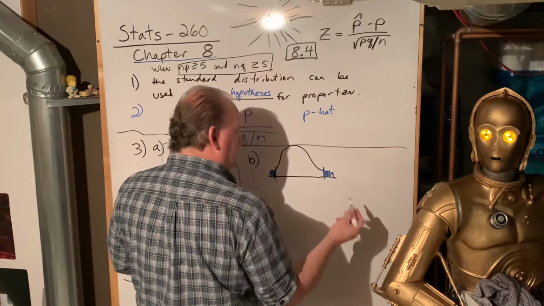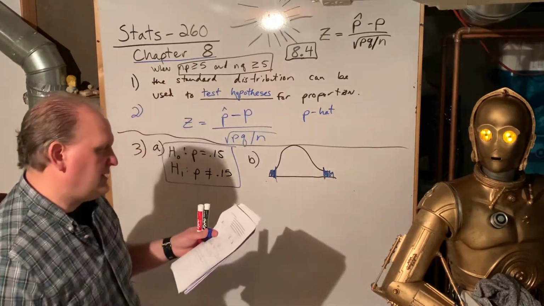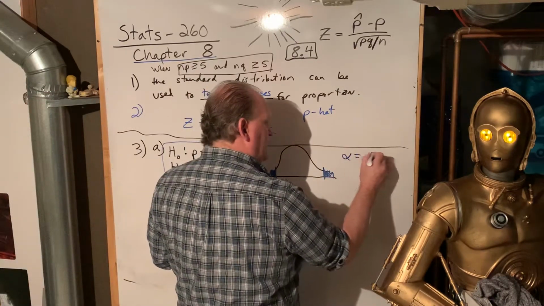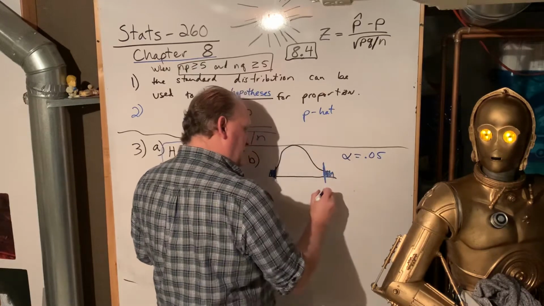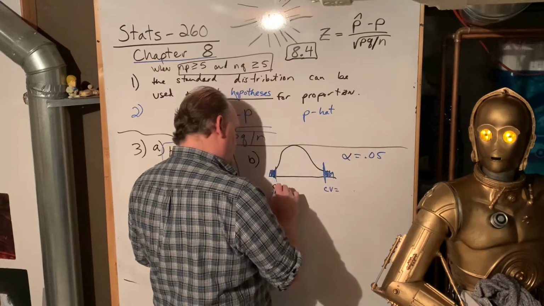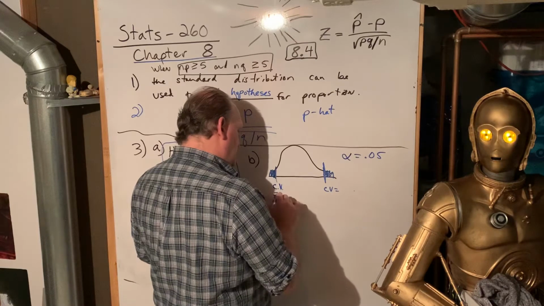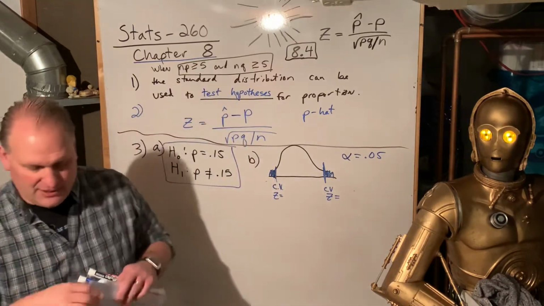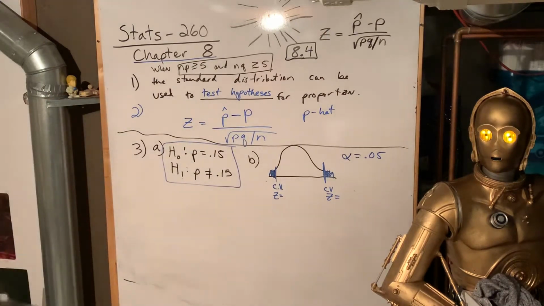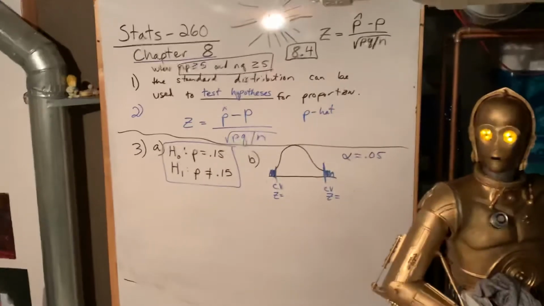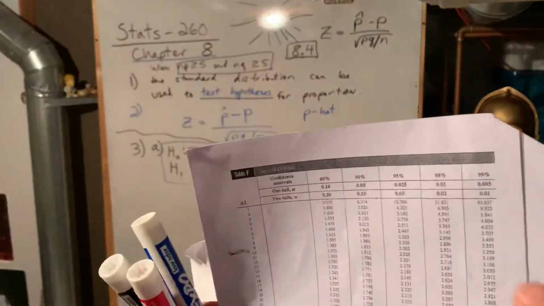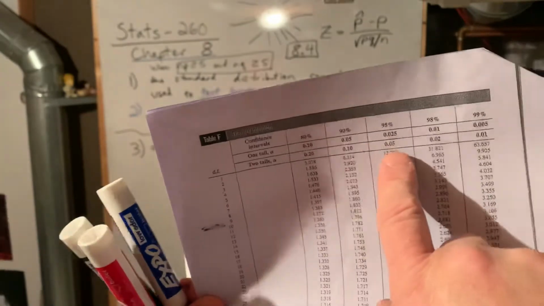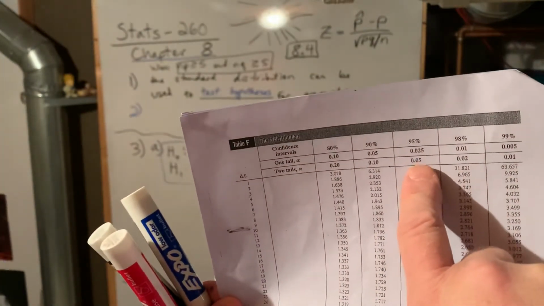We're back to z-scores, and the significance level was 5%, so alpha is 5%. We want to look up the critical values, which are going to be our z-scores, the cutoffs on the top end and the bottom end. So for 5%, we bust out that chart, look at two tails, 5%, and follow it all the way down.